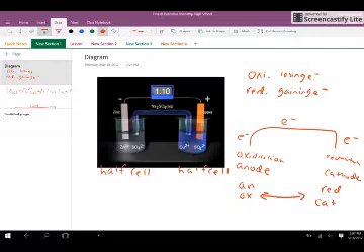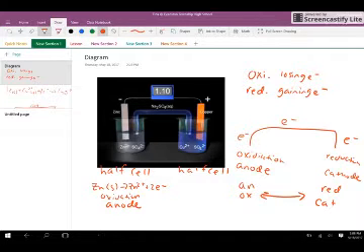So if we have zinc solid becoming zinc 2+ and 2 electrons, that is the oxidation, meaning this must be the anode on this side here. And then this is copper 2+ plus 2 electrons becoming copper solid.